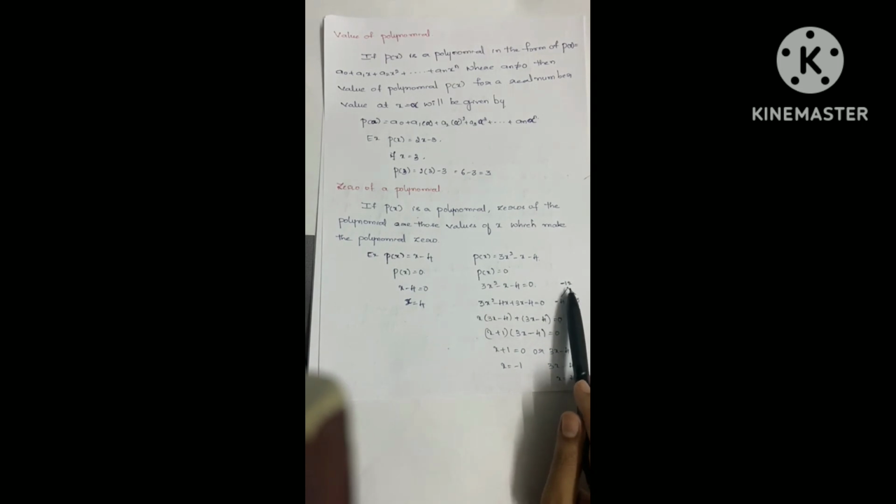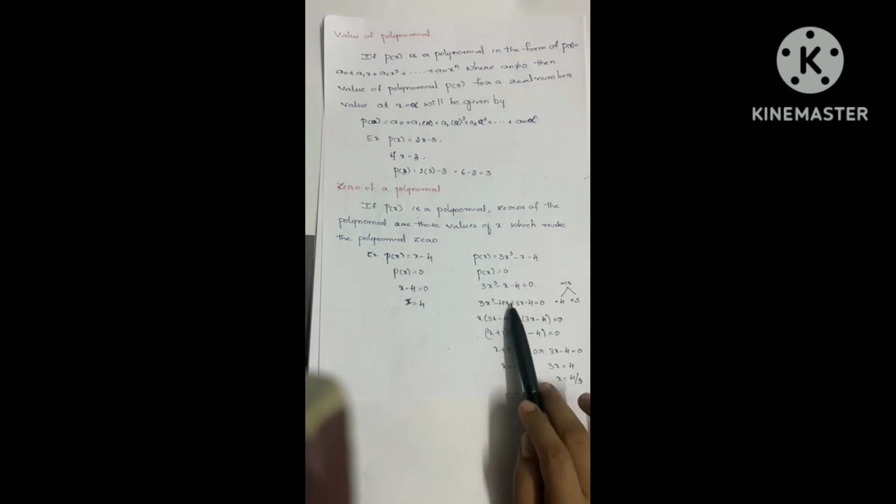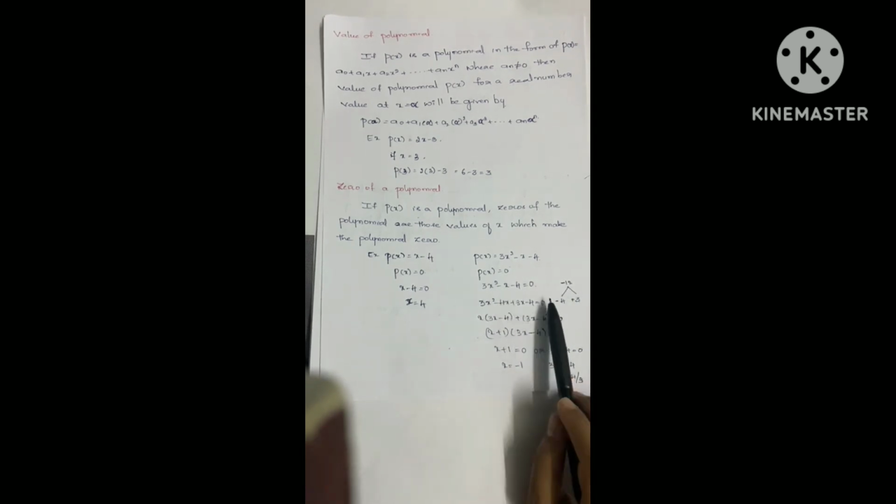So what are the factors of minus 12? 4 threes are 12. Since here we have minus 12, and when we add, we should get minus 1 here, the bigger number is 4. So for this I'll take a negative sign, and for this 3 I'll take a positive sign. Minus 4 into 3 will be minus 12.